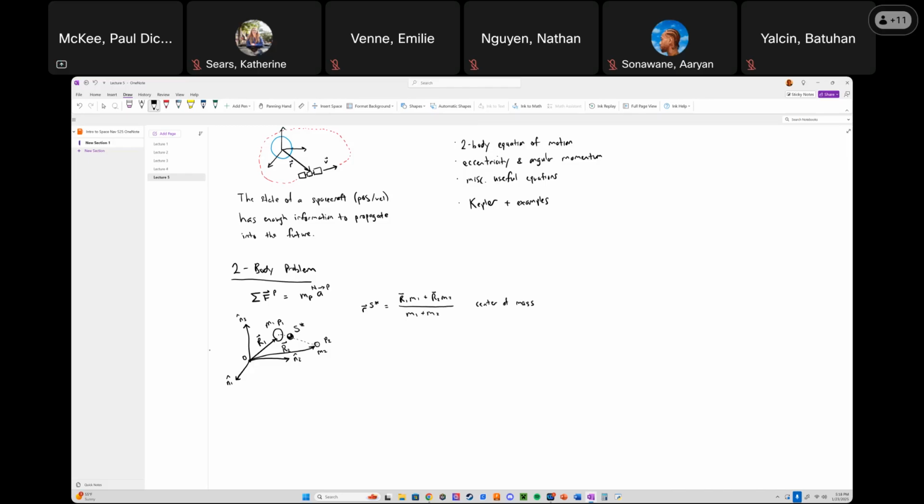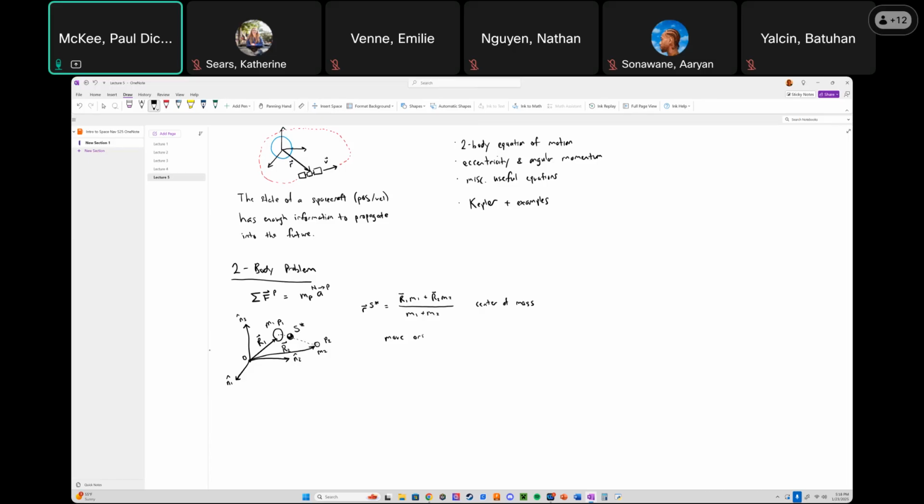Hopefully that makes sense. Okay, now we're immediately going to throw out the old reference system, and we're going to introduce a new reference system where we move the origin to the center of mass. So things are actually going to get a lot simpler, because pretty soon we're only going to have to work in 1 dimension instead of 3 dimensions.